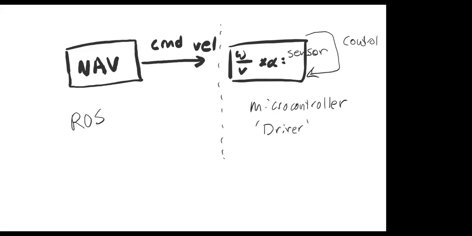So if you do it that way, you're going to have to make sure that your microcontroller is not only getting your sensor input, but also your current velocity, which may or may not be convenient. Wait a minute, I said that.